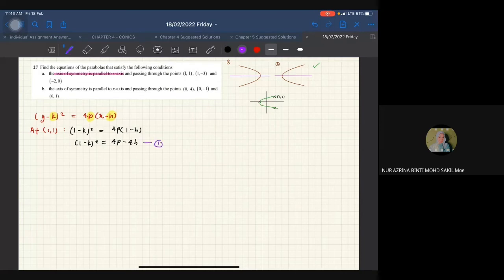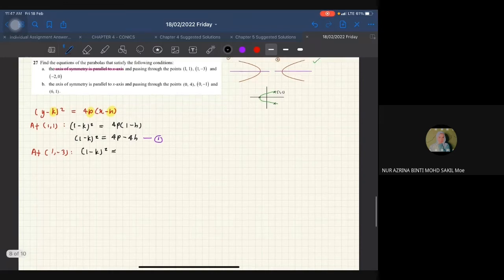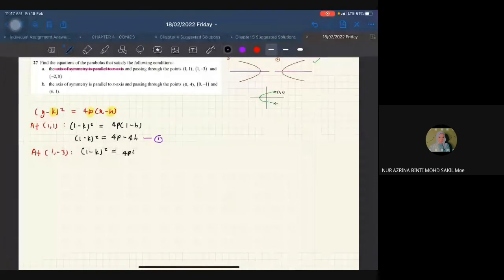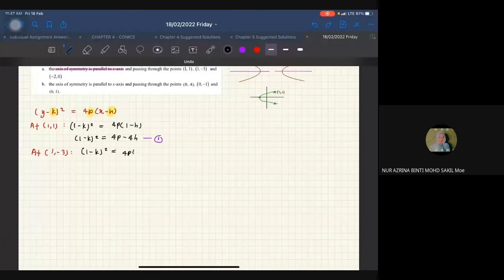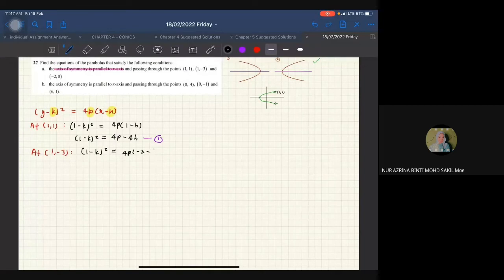1. Okay, so let's do the second point. So at point 1, negative 3, you will get (1 minus k) square is equal to 4p, and then you have x. So x is negative 3 minus h.